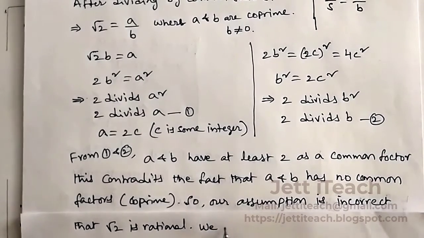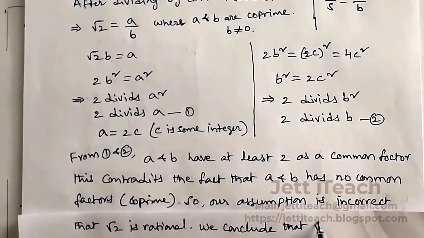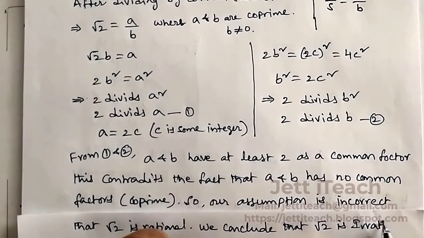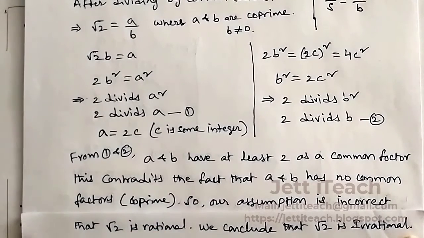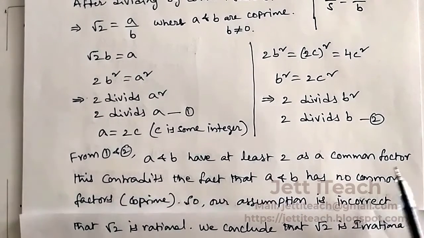We conclude that root 2 is irrational. Okay, initially we assumed root 2 is rational, right? So that assumption is incorrect.